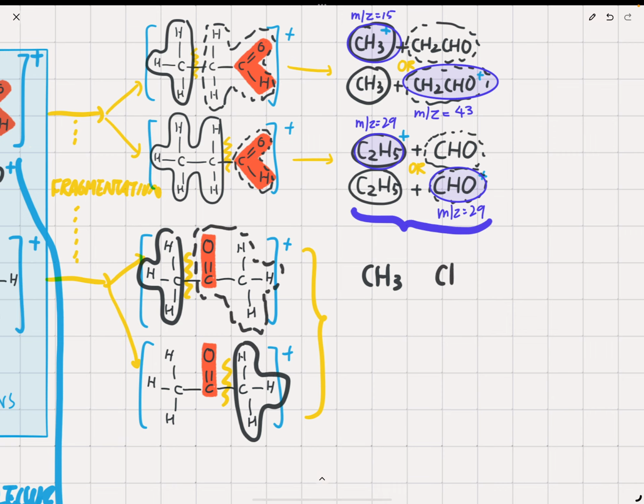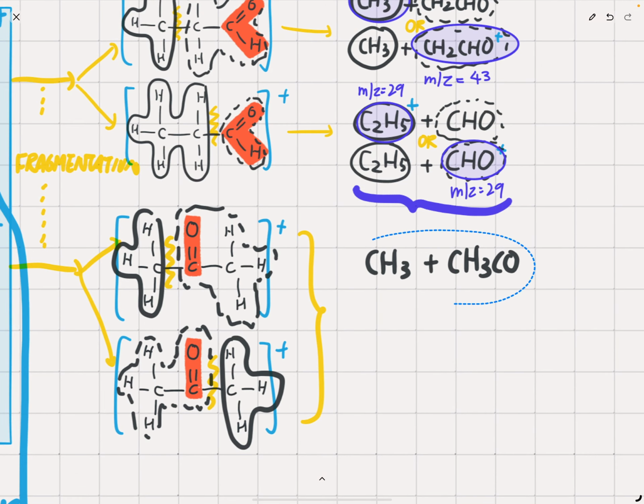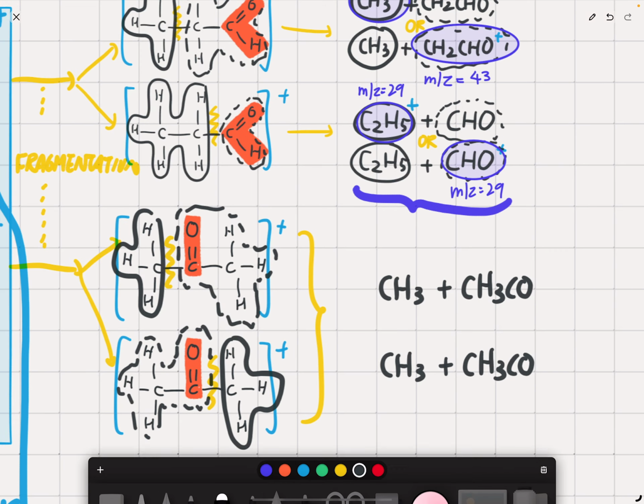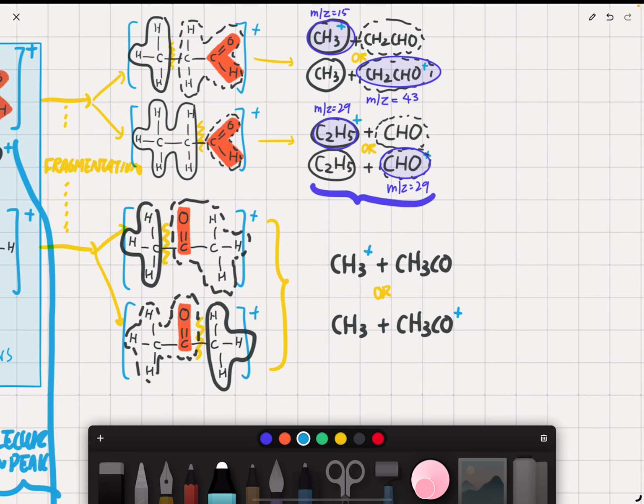Just like before, either the first fragment or the second fragment can get the plus charge. So you will have 2 peaks detected with mass to charge ratios of 15 and 43 respectively.